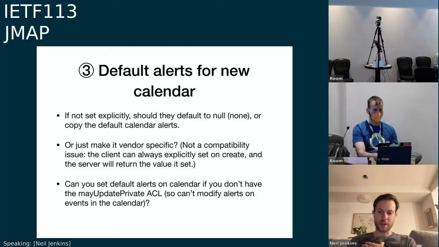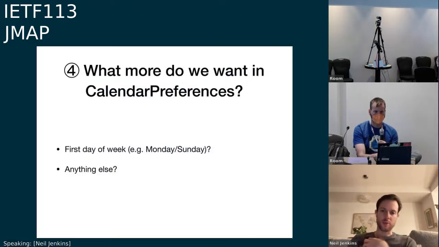Cool. All right. Unless anyone else has something on that, I'll just move on. This one's simply, we've got this calendar preferences object we talked about last time, and we've got to store now what the default calendar is and what your default participant, your default identity, is. Do we want to put anything else in there for now? I'm sure at some point this will get extended, but is there anything else we want in the initial version of it?